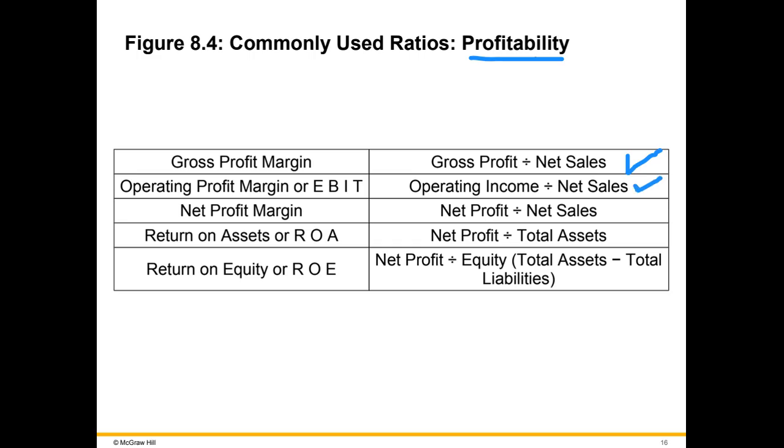Net profit margin is net profit divided by net sales. Return on assets, or ROA, is net profit divided by net assets. Return on equity, ROE, is net profit divided by equity. Equity is basically total assets minus total liabilities.